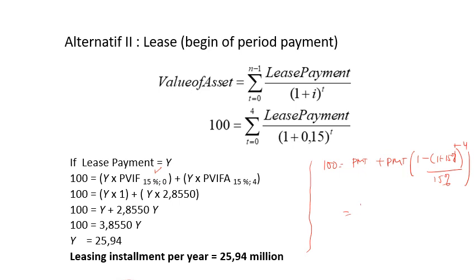So that will give you 2.8550 PMT. Okay, so this is it, and it becomes 38850. So the payment here is 25.94 million.